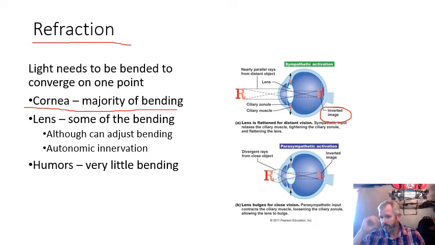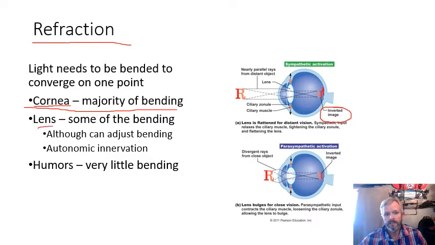Unless you get laser surgery, and that's what you're doing with laser surgery, you're changing the structure of the bending of the cornea. But we don't have a physical means to change it.